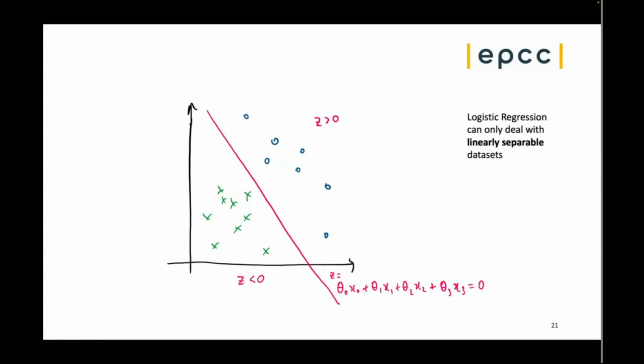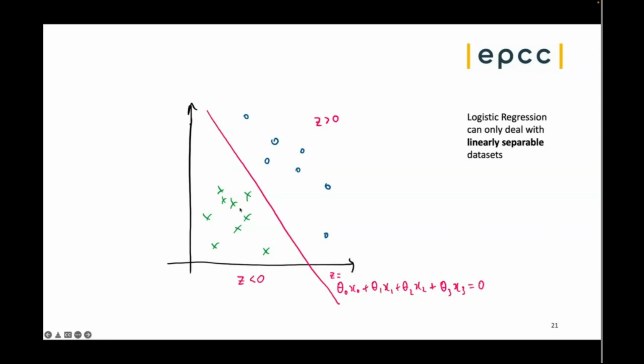So logistic regression, in this simple case, can only deal with linearly separable data sets. You could imagine points on one side are classified as one class, and points on the other side of the hyperplane are classified as the other class.